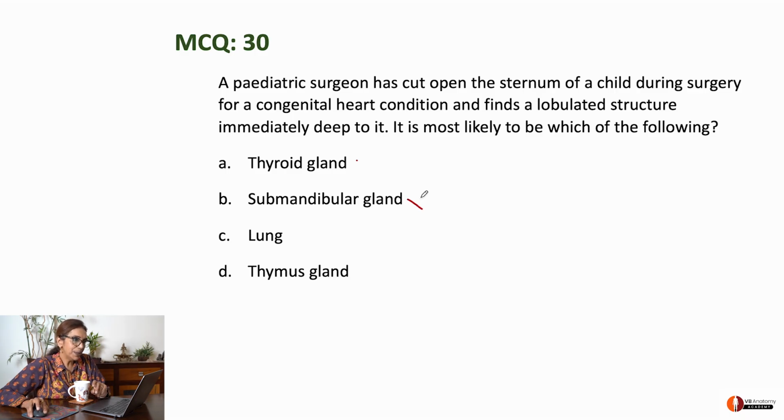No. Can it be lung? Possible. Can it be thymus? Yes. Most likely is thymus because, as you know, thymus descends down into the region just behind the sternum. So this lobulated structure the surgeon is looking at is likely to be the thymus. Yes, D is the answer.